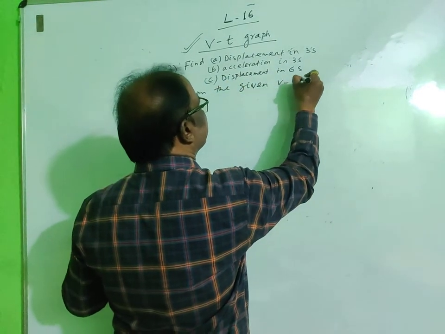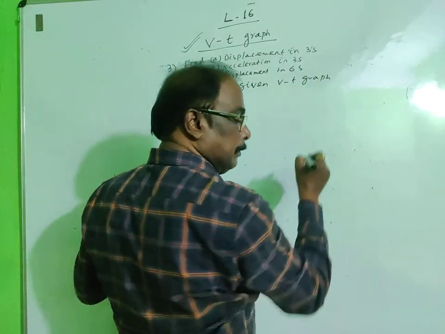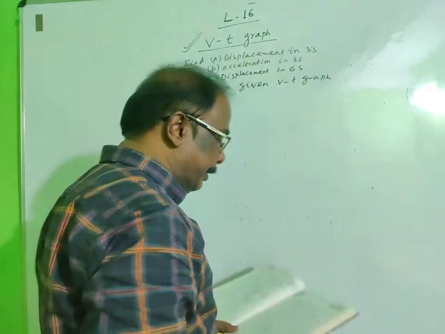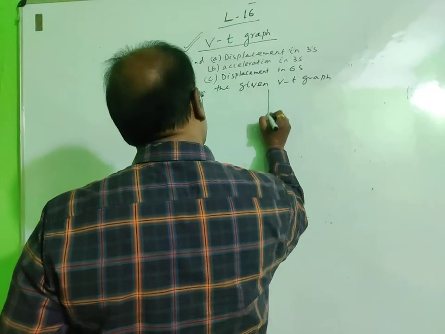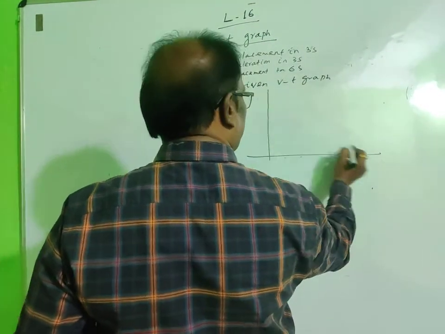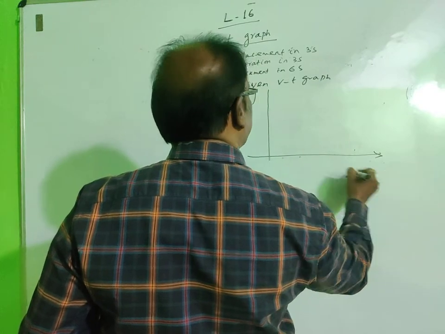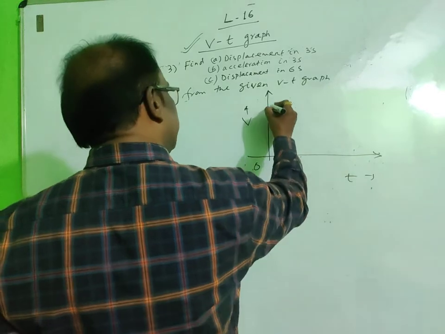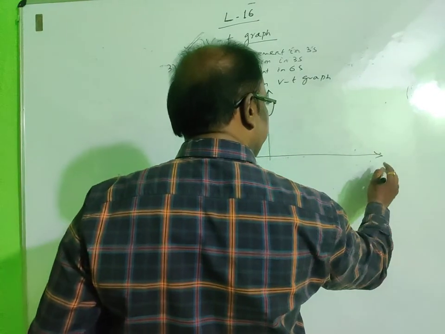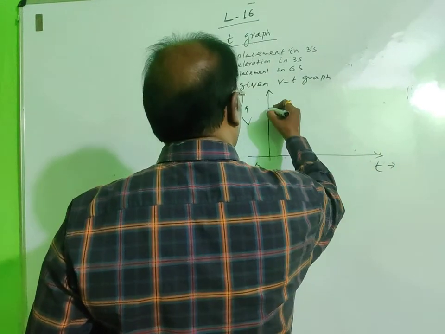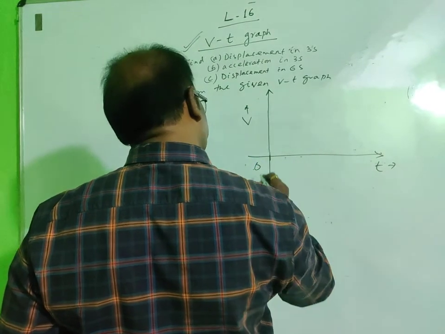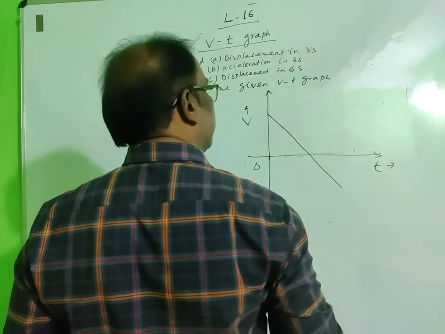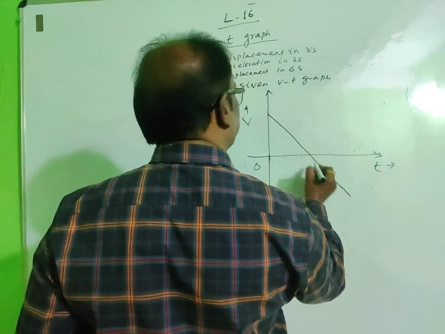VT graph. Yes, this is VT graph. Your graph is given like this. This is time axis, this is velocity, variation of velocity, this is 0. And the graph is like this. Okay.